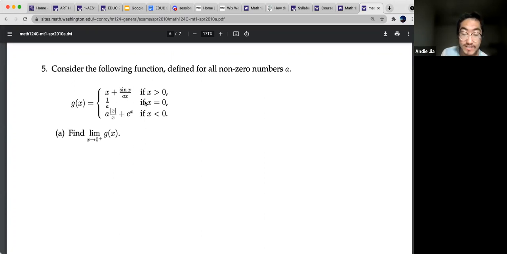So the right side limit at x approaching 0 is x plus 1 over a, and at x equal to 0 it is 1 over a. If x equals 0, then the limit is 1 over a. Then part A is 1 over a, the right side limit.